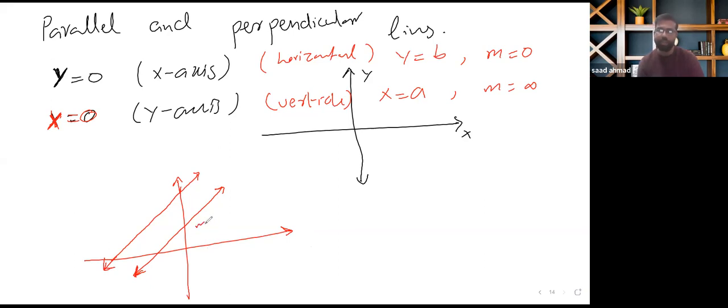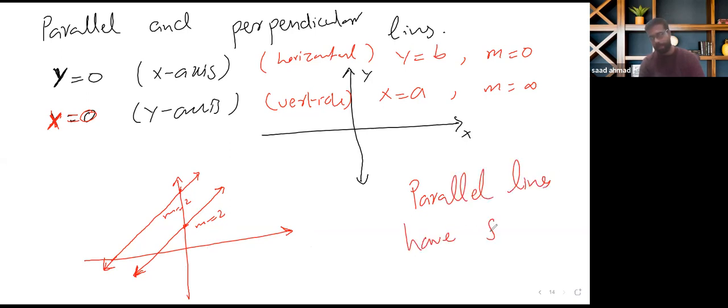Let's say its slope is 2 and its slope is also 2. No matter that they are at different places, they are parallel lines. So the thing is, parallel lines have the same slope.